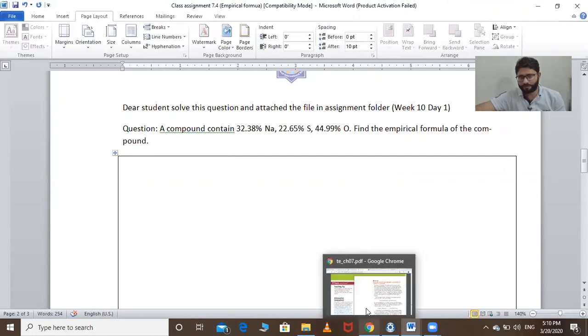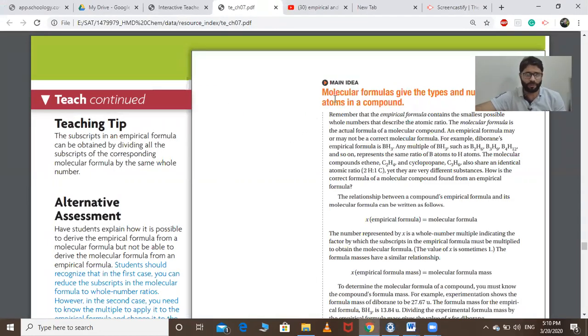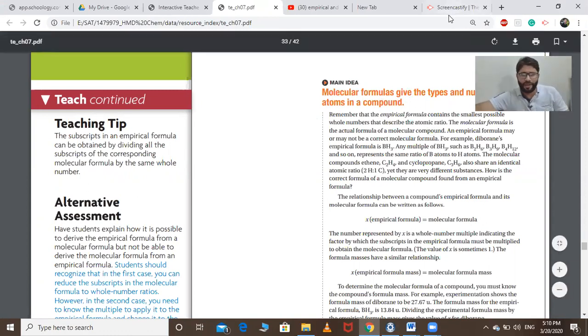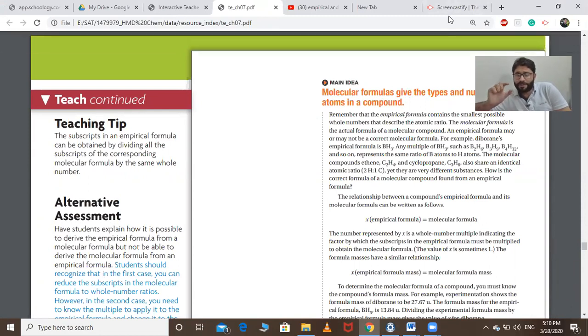Now, the second part is about molecular formula. We learned about empirical formula. What is molecular formula? The difference is that the empirical formula tells us the simple whole ratio of elements in a compound, while the molecular formula gives us the actual number of elements in a compound.